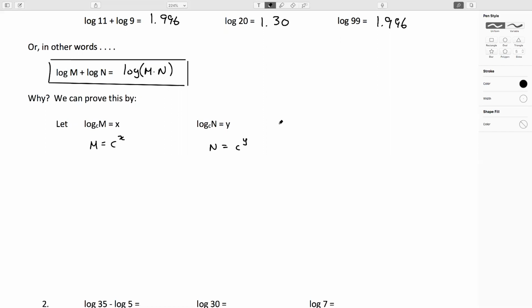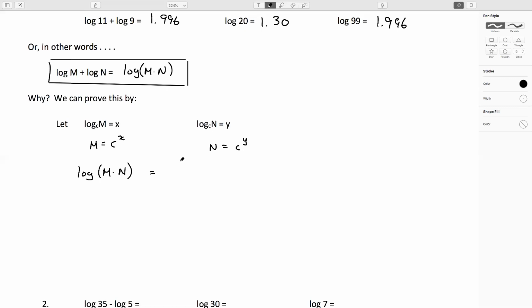Now I'm going to start with log of m times n and see if I can make this equal log of m plus log of n. I'm going to replace m with c to the x and n with c to the y.